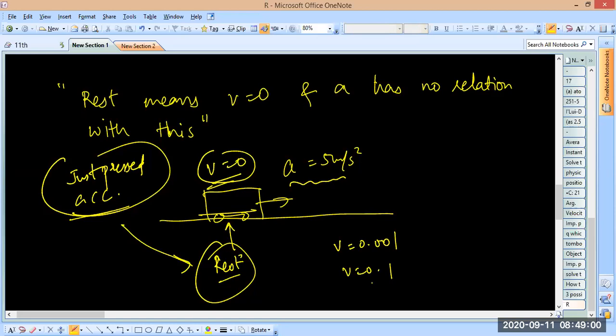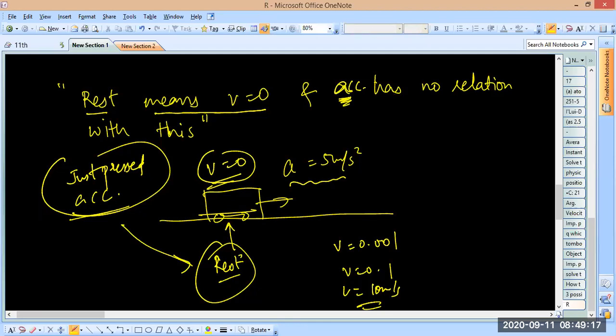Gradually it will increase, and then you will feel that now the vehicle has started moving. Everyone, so rest only means velocity is equal to zero. It has no connection with acceleration.